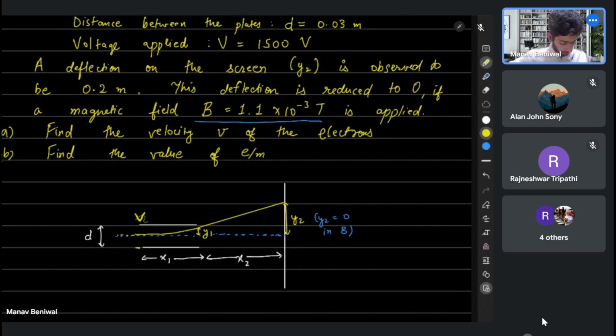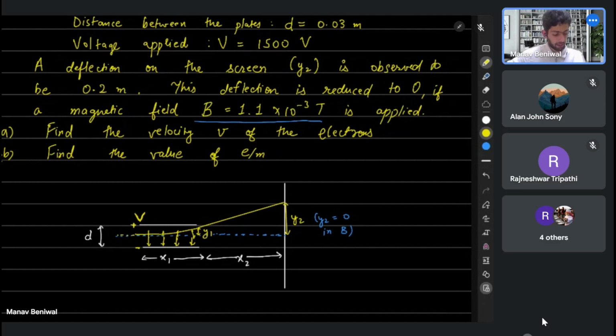This will be plus and this will be minus. So there will be some electric field like this, and the electrons will feel this electric field, and then they'll get deflected by this distance y1, right? But when you also apply a magnetic field, then this deflection is zero, right?